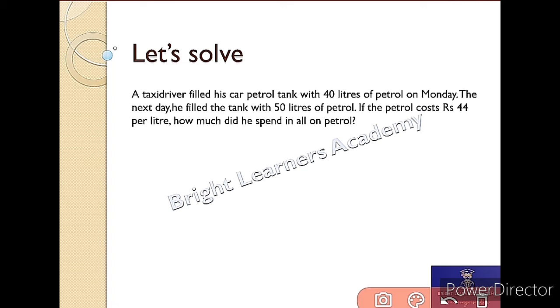Okay, so this is the word problem. So you will have to write statements also. So I'm not going to write a statement here. I'm just solving it. So the first statement would be the quantity of petrol filled on Monday equals to 40 liter. Quantity of petrol filled on next day equals to 50 liter. And the cost of petrol of 1 liter is equals to rupees 44.